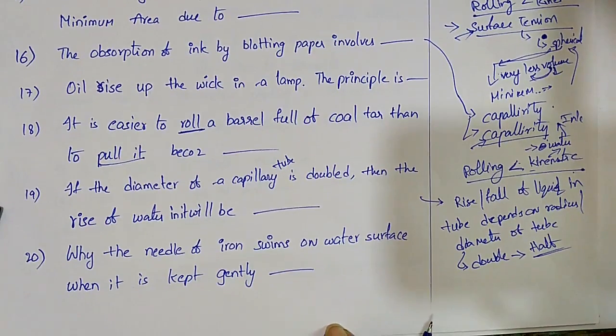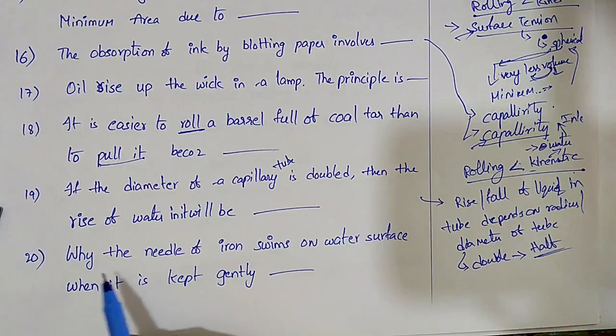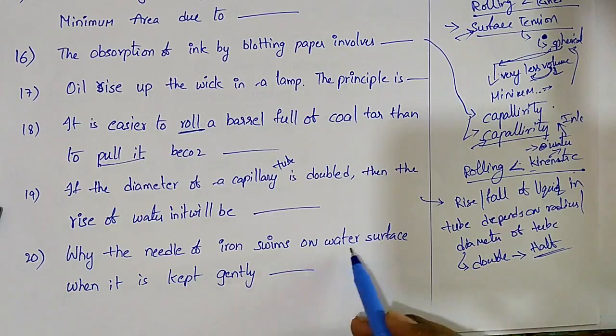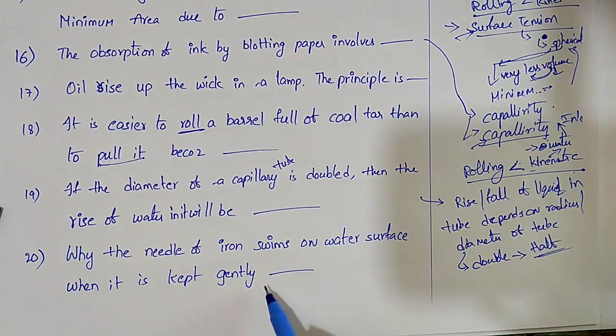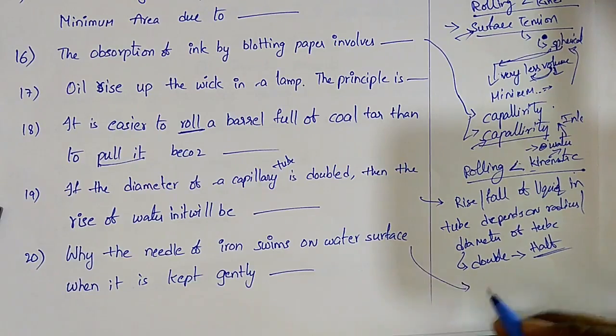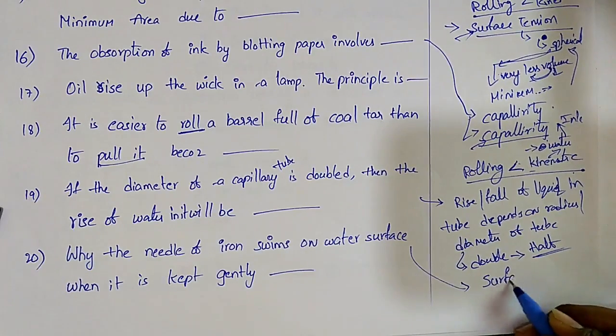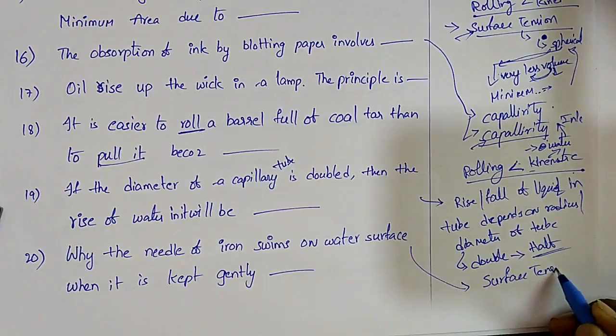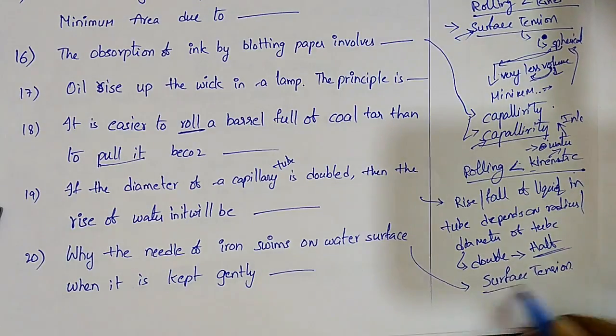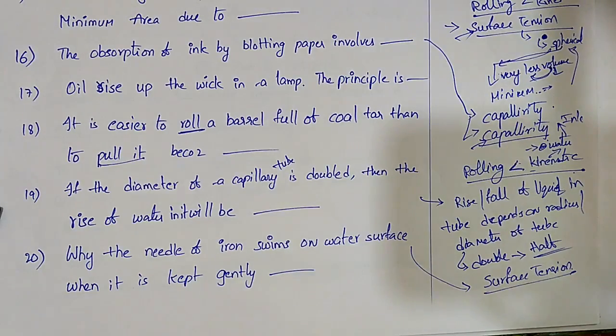And the next one, 20th one. Why does the needle of iron swim on the water surface when it is kept on gently? It is also the principle of surface tension. Due to this surface tension, the needle of iron swims on the water surface. Okay.